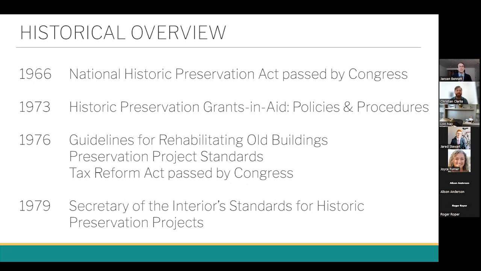In 1966, the National Historic Preservation Act was passed by Congress. This is important because not only does it place an emphasis within the United States on historic preservation and establish a more concerted effort among preservationists, but it also sets up a grants in aid program.